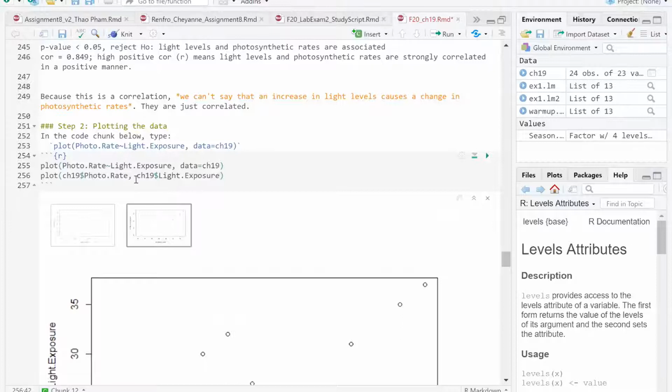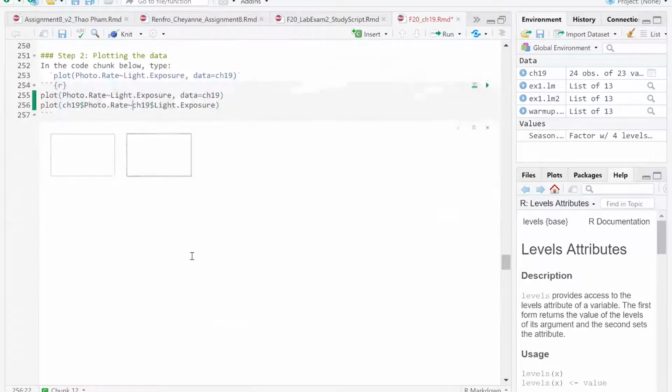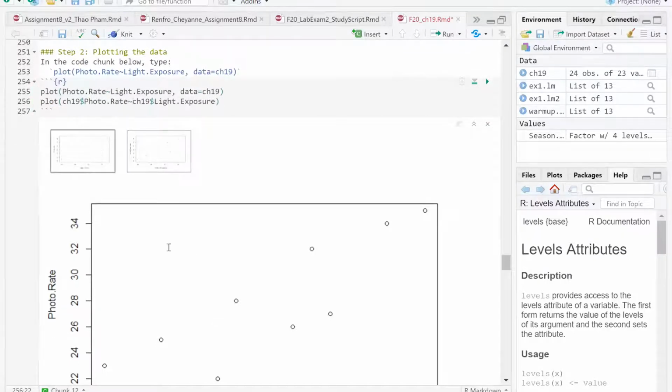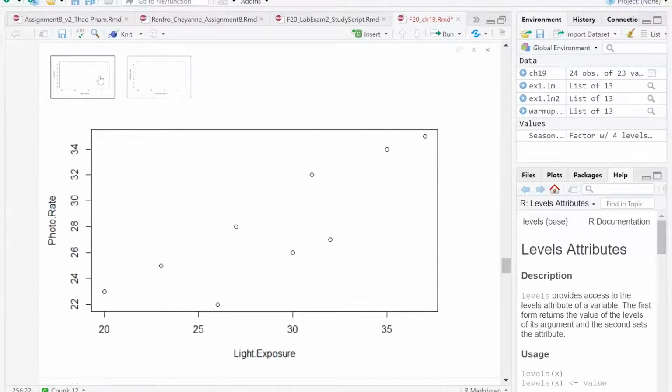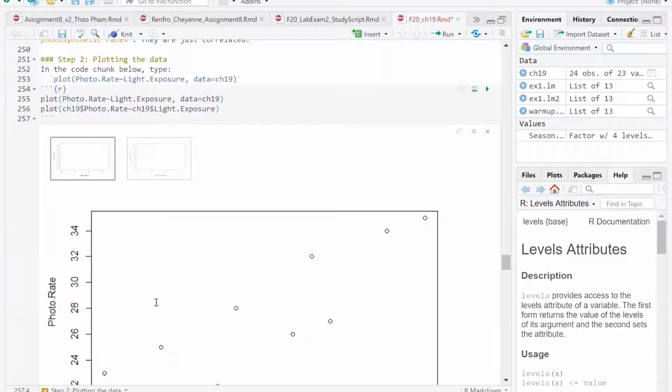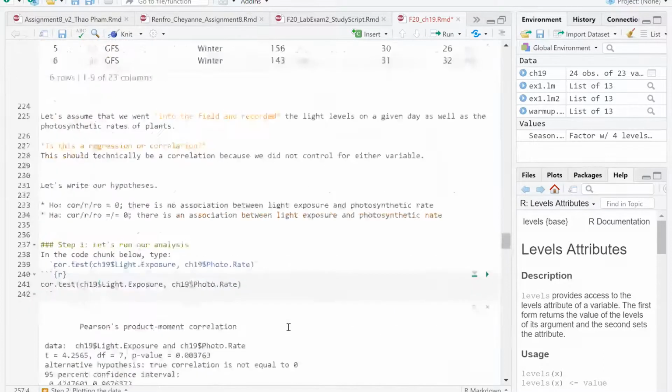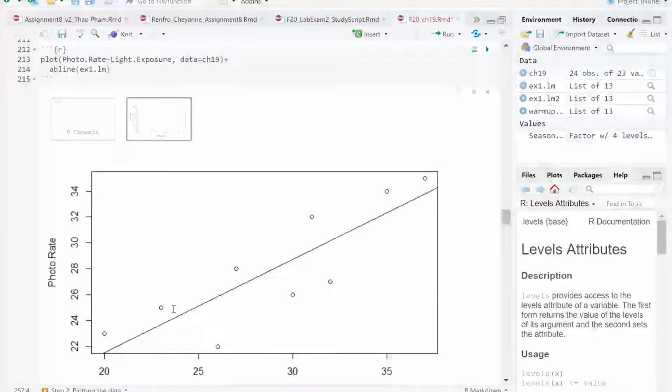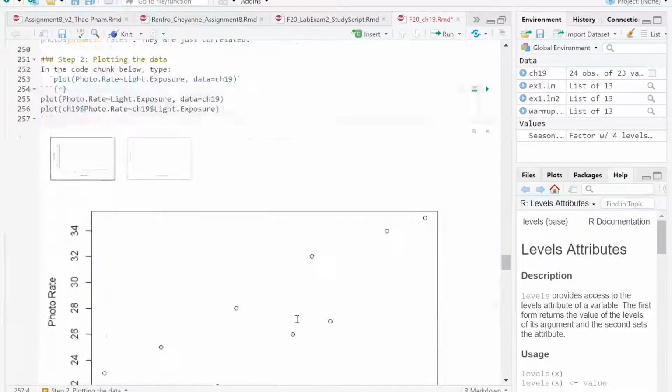If you use the comma, though, it switches the order of them. It's a weird thing. The downside to that is that you get these really ugly axis labels. But just showing you both of them work. And we see the same thing that we saw up here, except now we don't have a line because we didn't include the abline function.